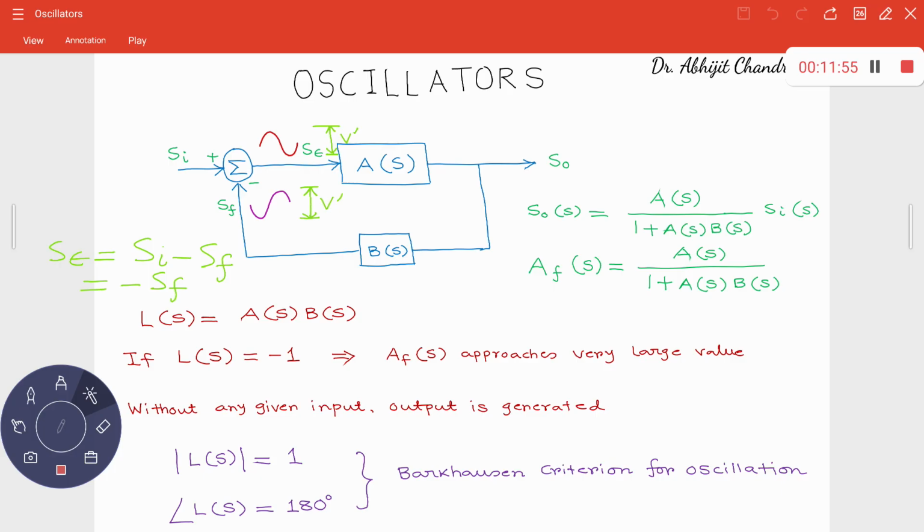What is S of epsilon? Minus S of f. So what will be your new S of epsilon? It is something like this, where this difference is equal to v dash.